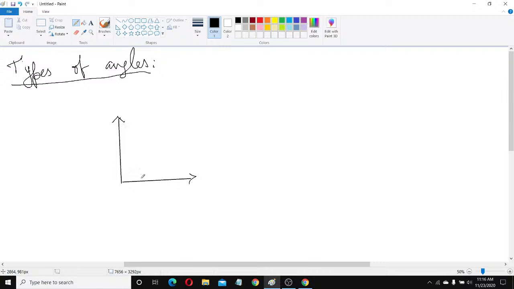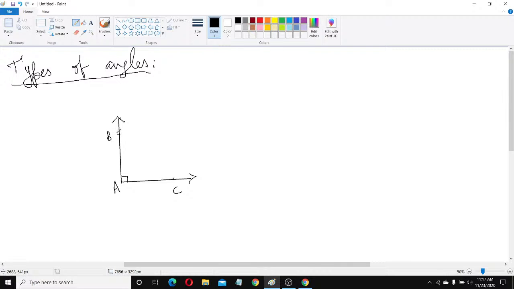Here both the rays have the same initial point. I will name it as A, and here I will mark the point B and here the point C. B is lying on this ray and C is lying on the second ray. A is the common initial point of two rays. So angle is formed at this corner. So A is the vertex of the angle.